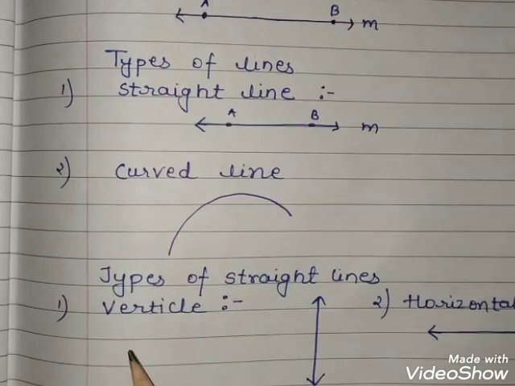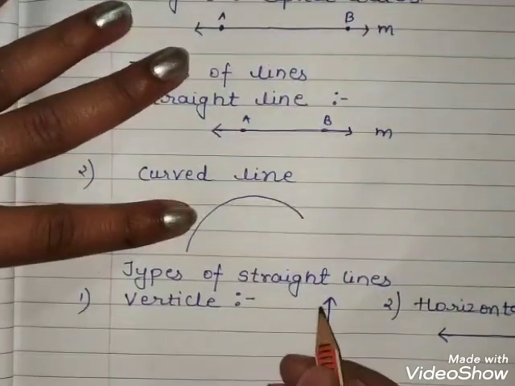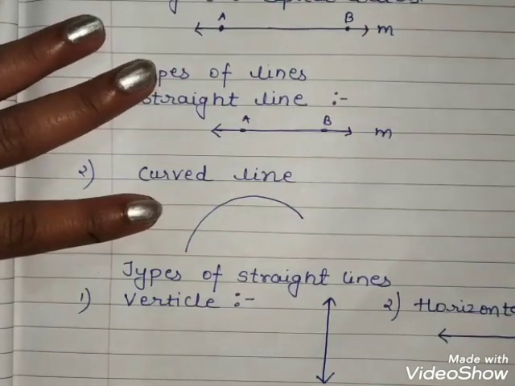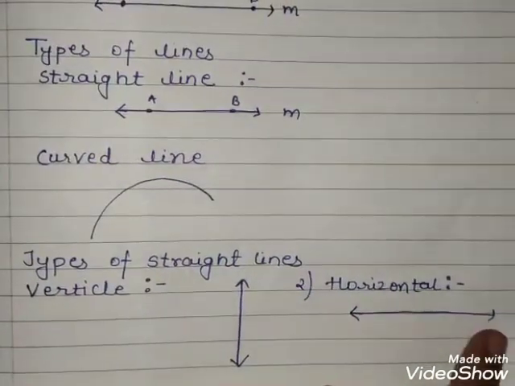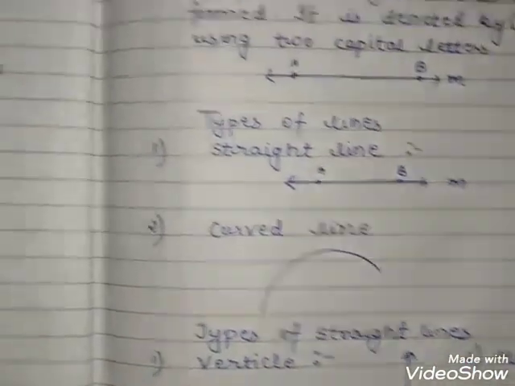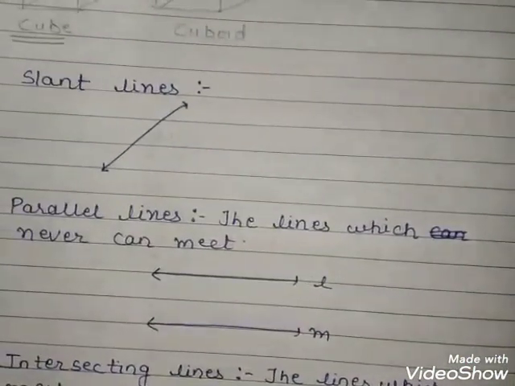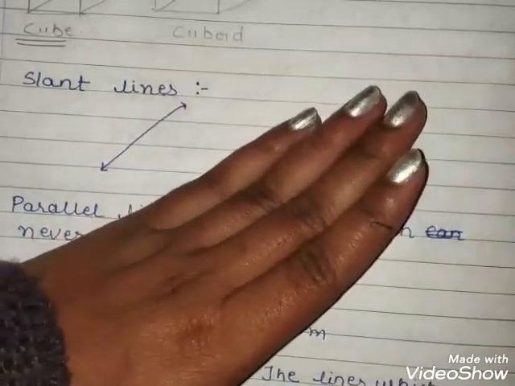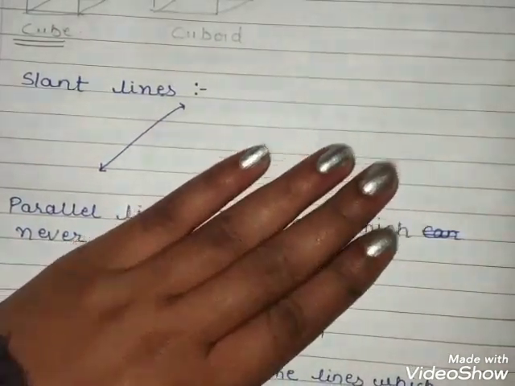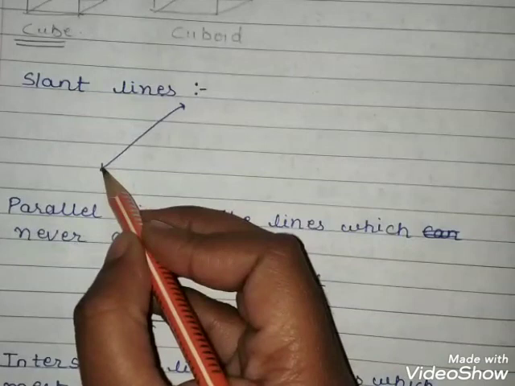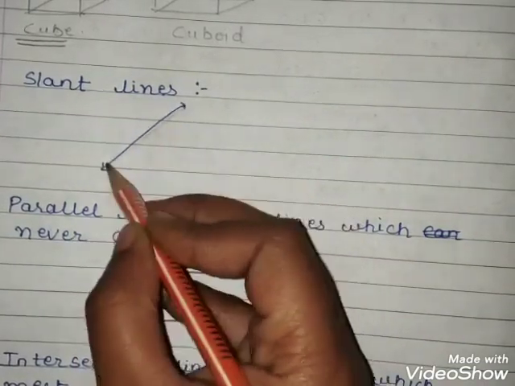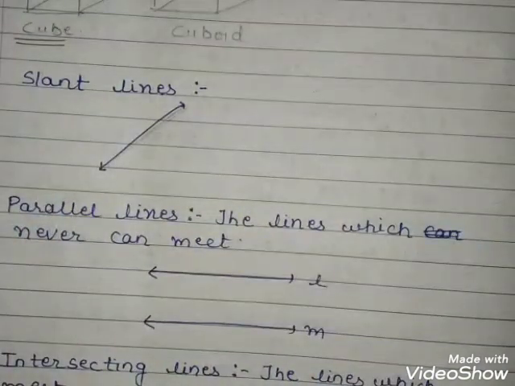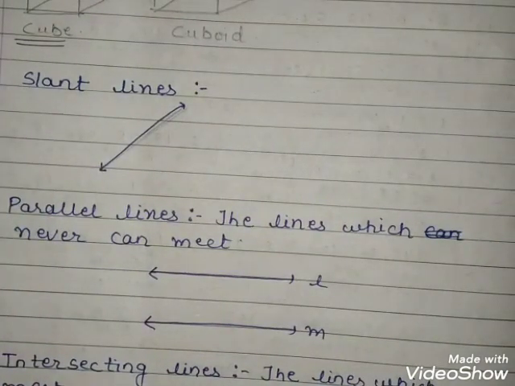The lines which are moving from top to bottom are vertical lines. The line which is moving from left to right is a horizontal line. And the line which is slant, or looking like a ladder, is a slant line.